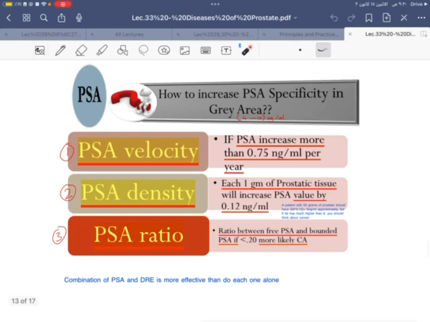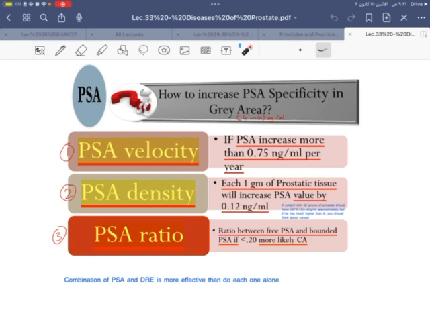We have to measure the PSA velocity, PSA density, and PSA ratio for the patient. How do we measure them? First, how does the PSA develop, how does it increase? If the PSA increases by more than 0.75 nanogram per ml per year, it goes toward prostate cancer. For example, a patient five years ago had a PSA of 5. We repeated it after a year, or in two or three months, and it came out 6.5. Within less than a year it increased by 1 point something, which is high velocity, pointing toward prostate cancer.